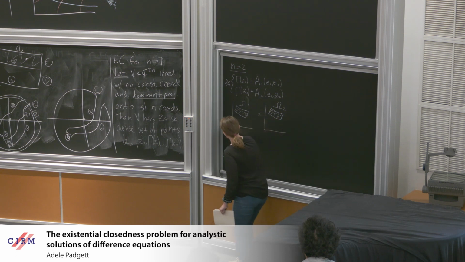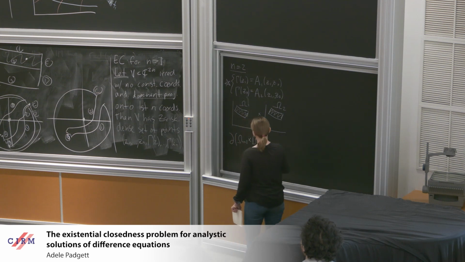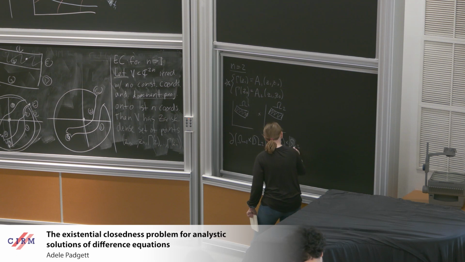And we want to show that the higher dimensional analog of the argument principle is that the boundary of omega 1 cross omega 2, which is not just the product of the boundaries, it's the boundary of omega 1 times omega 2 along with omega 1 times boundary of omega 2.